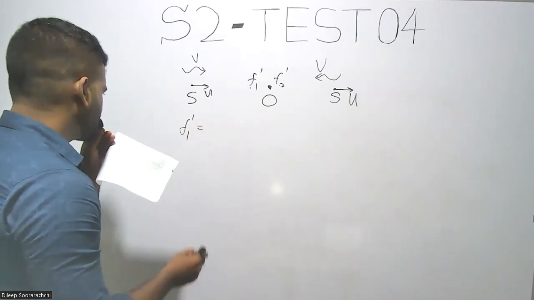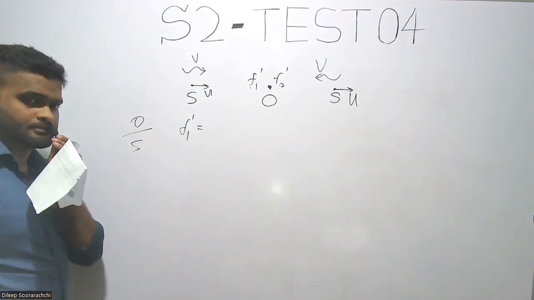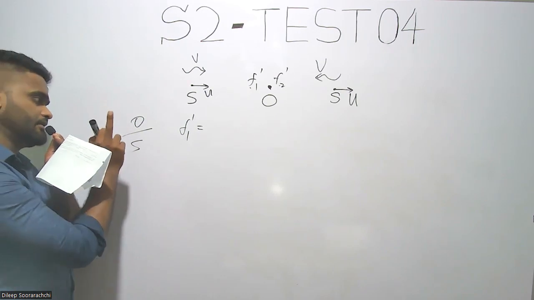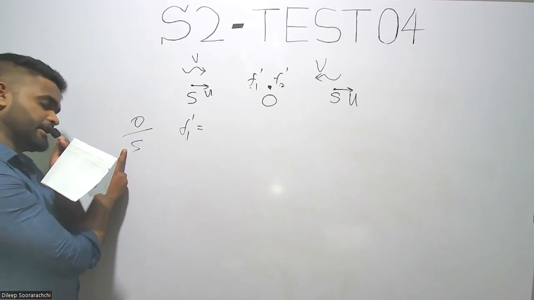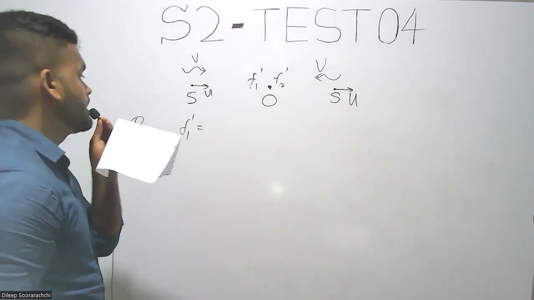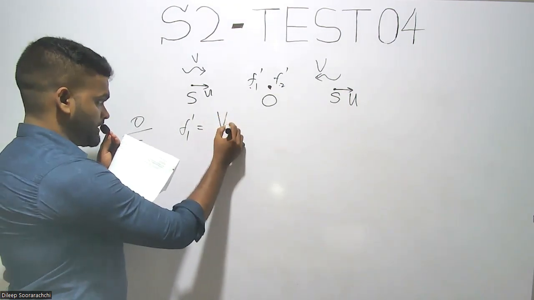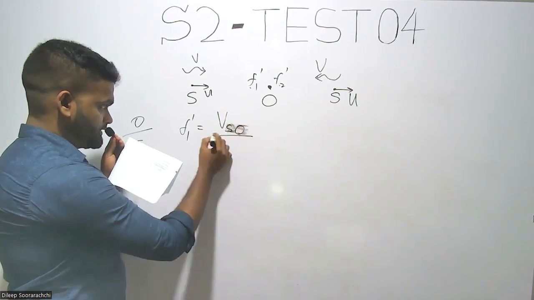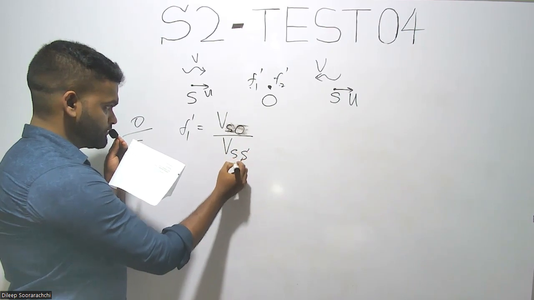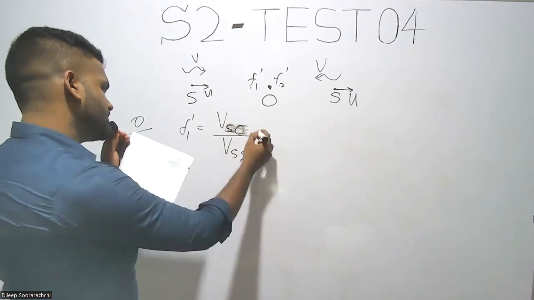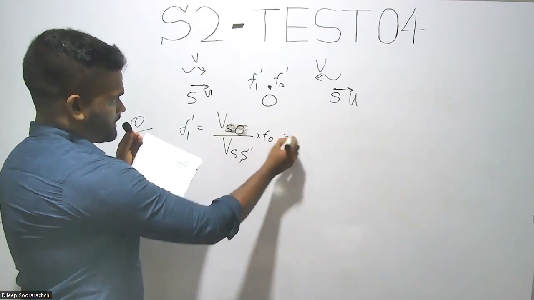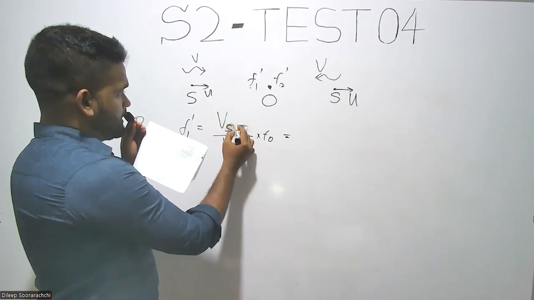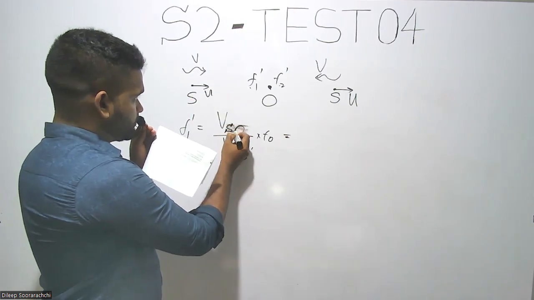So what's the equation? O divided by S: sound velocity relative to observer divided by sound velocity relative to source, times f naught. In this case, what is the sound velocity relative to the observer?